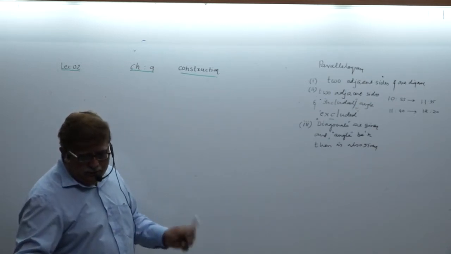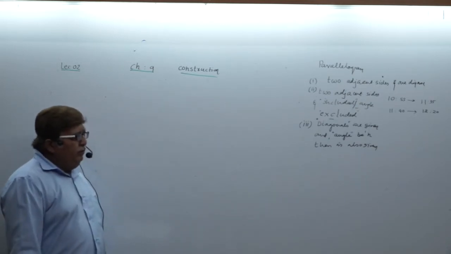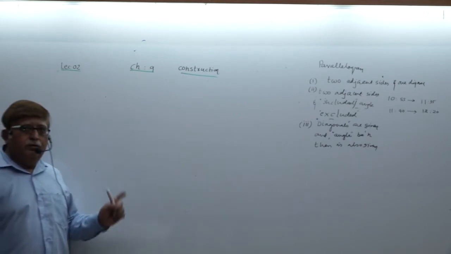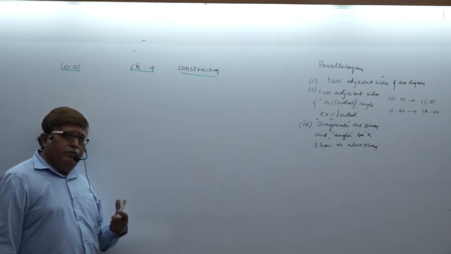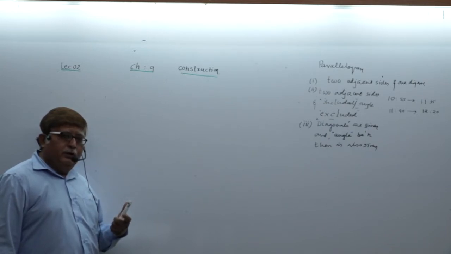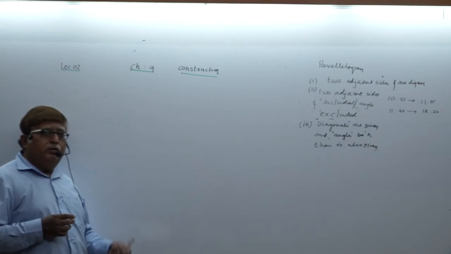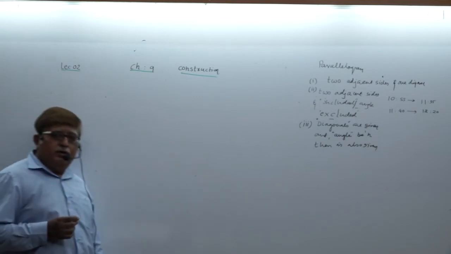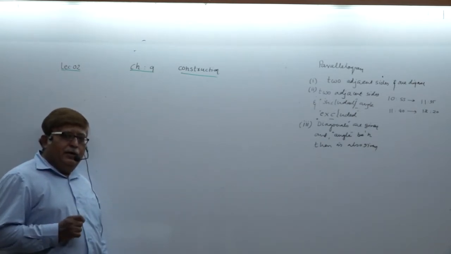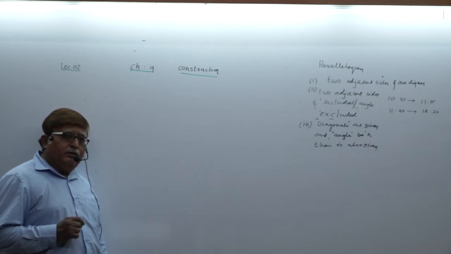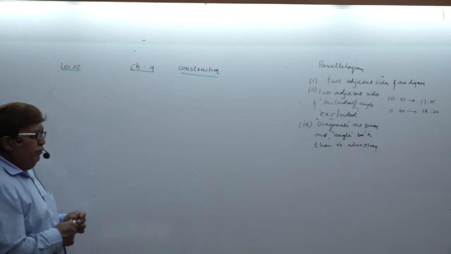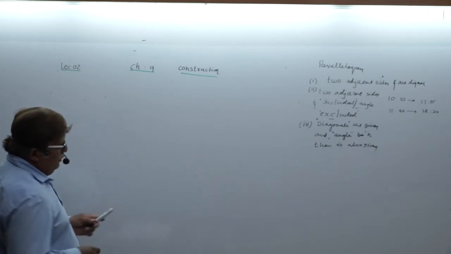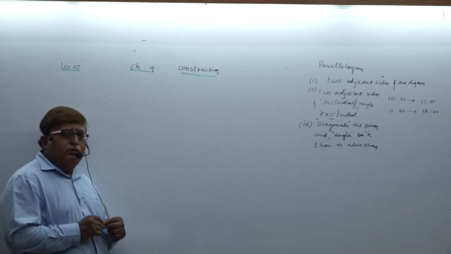Here, dear student, when we are going to perform this type of construction, what is going to be a very important property? That will be the third property of parallelogram. What is that? That diagonals bisect each other. Understood? That property is going to be very useful in such type of construction.